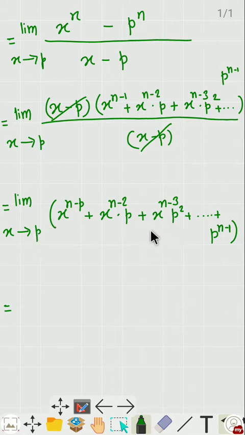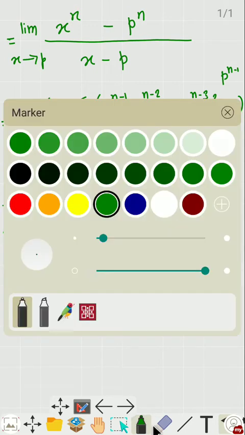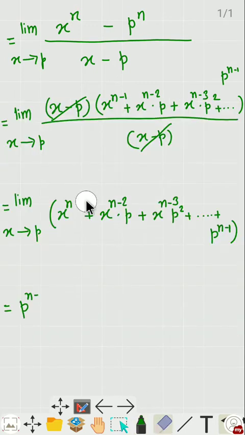So in this function, instead of x put p, then you will get p raised to the power n minus 1 plus p raised to the power n minus 1 plus, third term is again p raised to the power n minus 1 plus dot dot dot plus p raised to the power n minus 1.